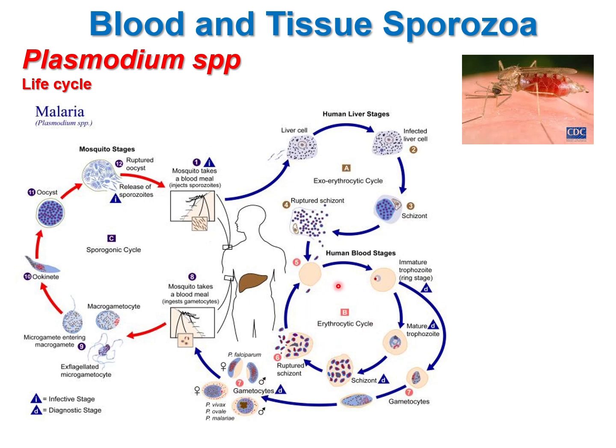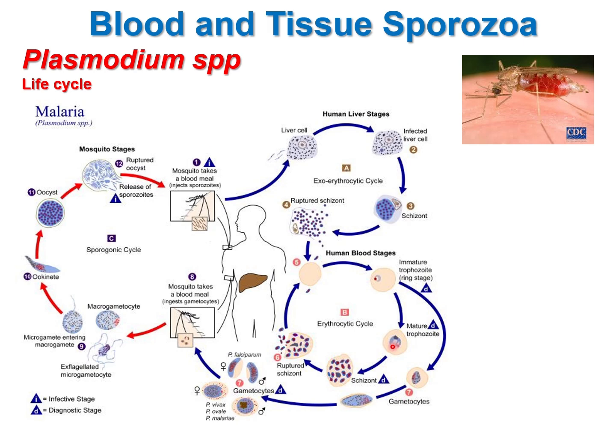Within the red blood cells, we will have an erythrocytic cycle in which RBCs, which can be young or mature or any type according to the species, will be infected. First we will have a ring stage.